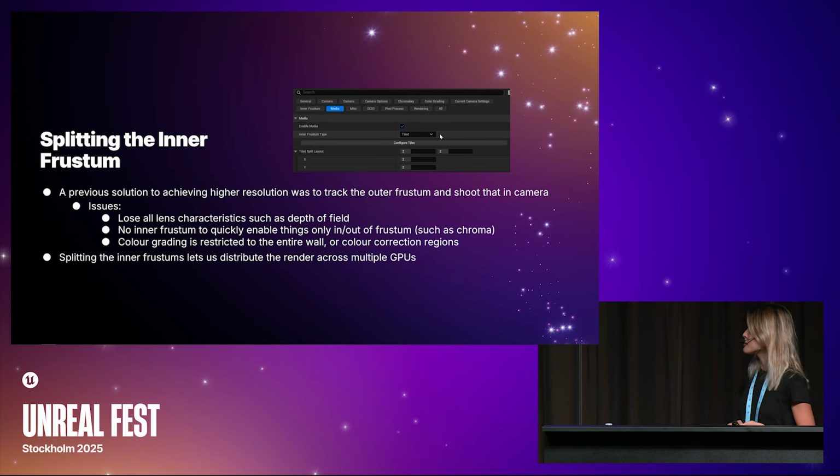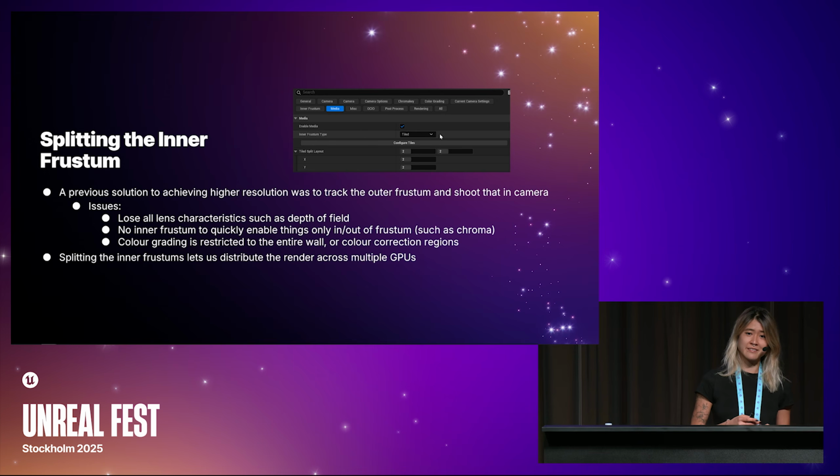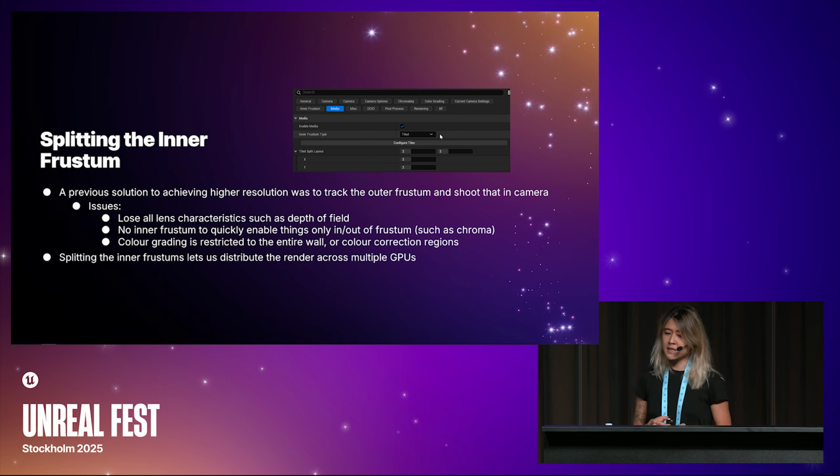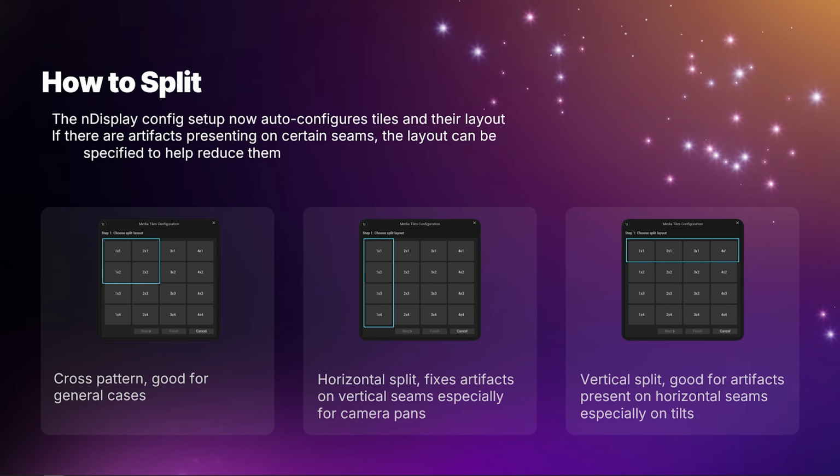And you also lose some color correction abilities. One thing that some DPs do is they'll grade certain sections of the wall and use that to grade their shadows or something. But if your entire wall is your frustum, you can't easily switch an entire section of it to a different color. So splitting the interfrustum takes care of those issues and it gives us more render power.